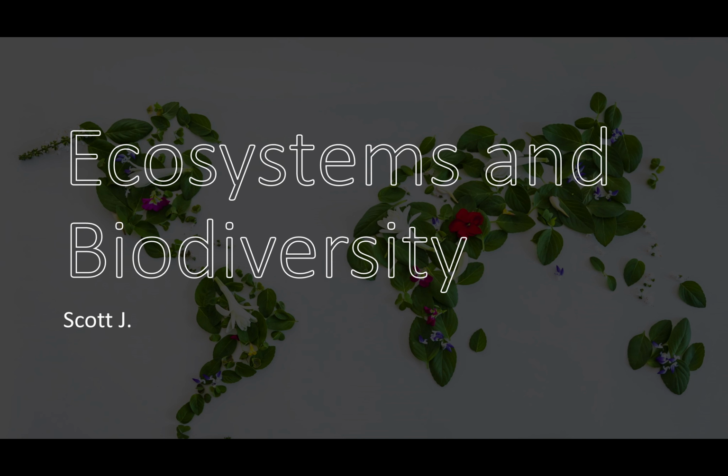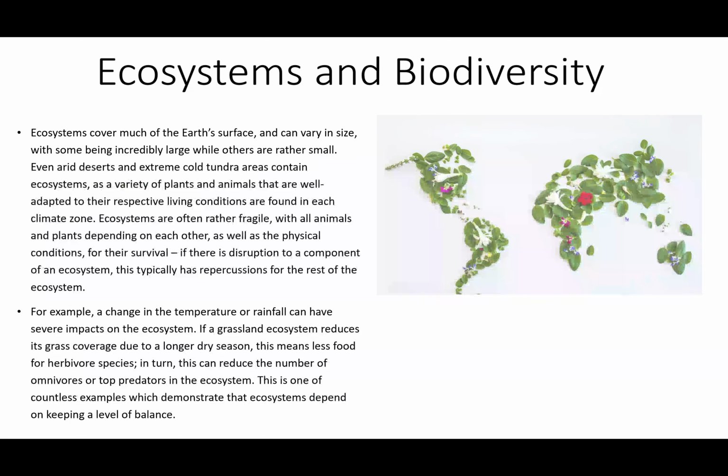So I'm going to go through some slides, and then I'm going to re-ask the question: what is biodiversity? Starting off, looking at ecosystems and biodiversity, we know that ecosystems cover much of the Earth's surface.